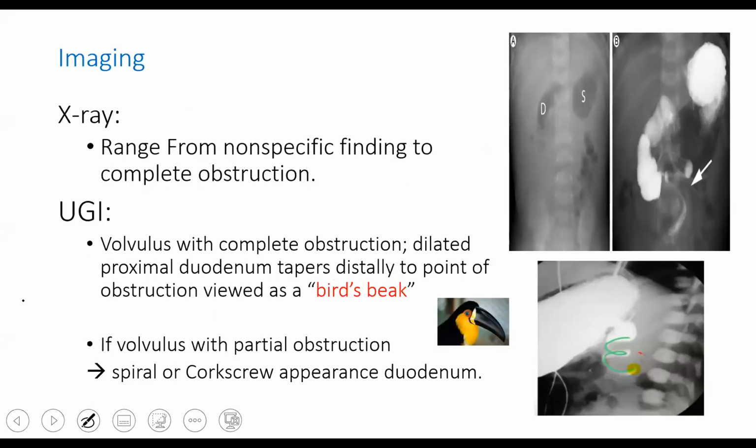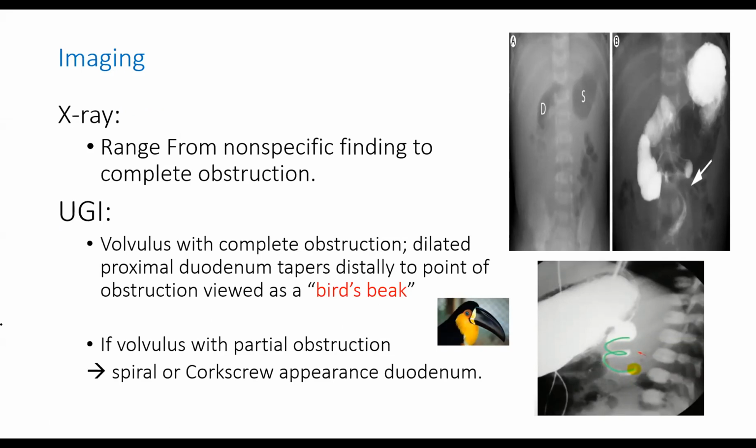Clinically, we discussed this. How do we diagnose malrotation? Number one, the baby has non-specific findings, either partial or complete obstruction. When we say malrotation, we are focused mainly on the volvulus, because malrotation can be asymptomatic unless they have obstruction. If the baby starts having obstruction or volvulus, then it depends, either partial or complete obstruction.